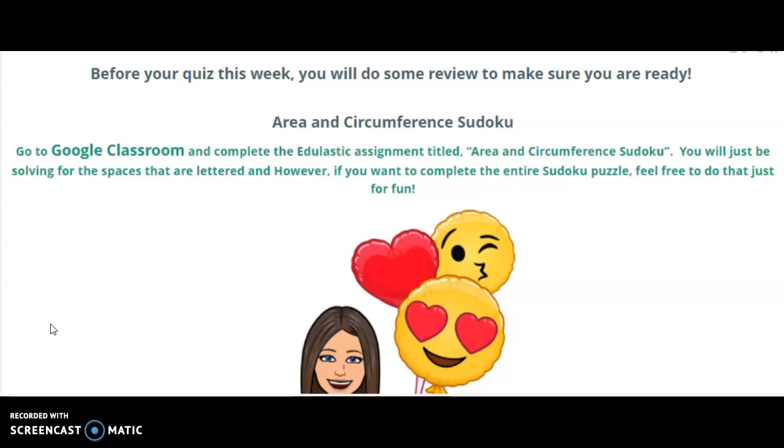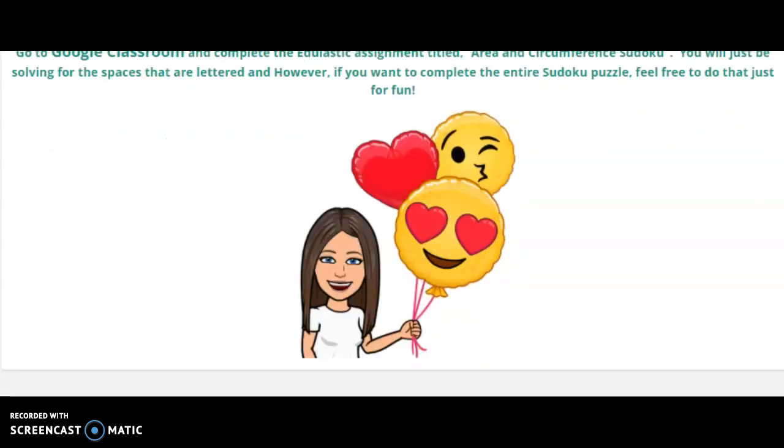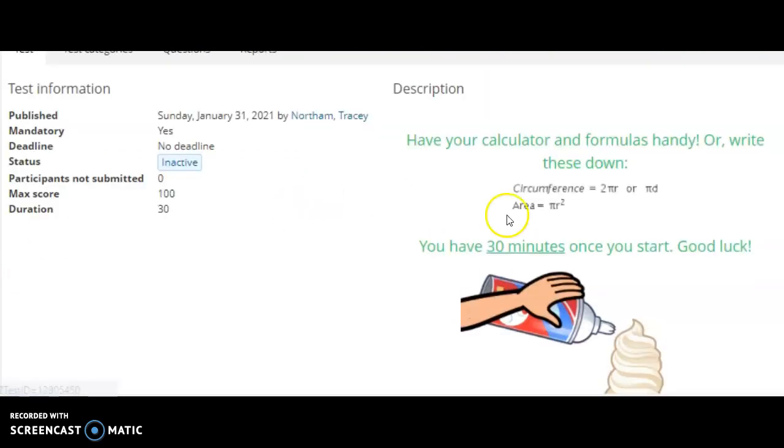So you're coming back on Thursday, you're doing a Sudoku activity, which is assigned in Google Classroom. It's uploaded into Edulastic as a PDF, and directions are there for you, so make sure you're reading that. And then finally, that's kind of to wake up your brain and make sure we're getting everything on Thursday before you take a 12 question quiz.